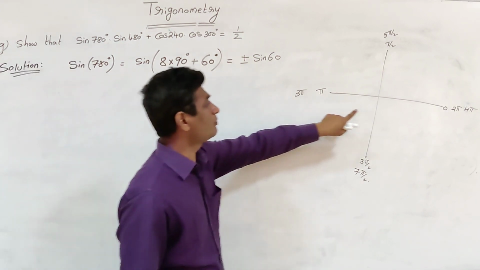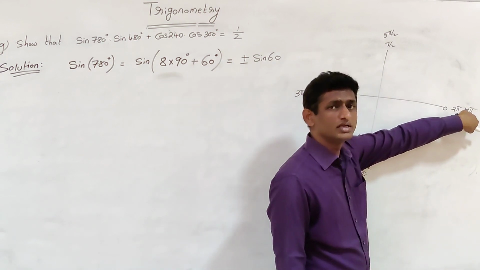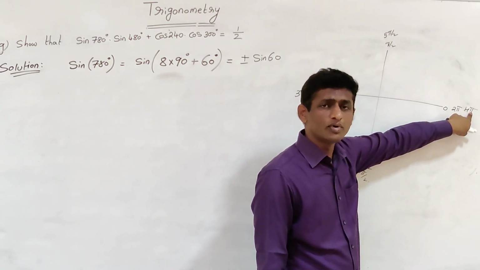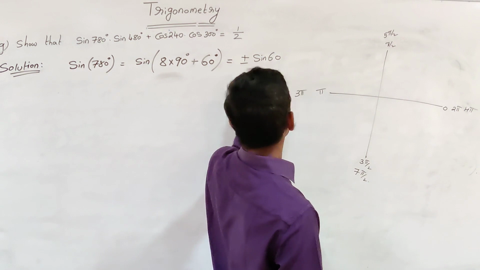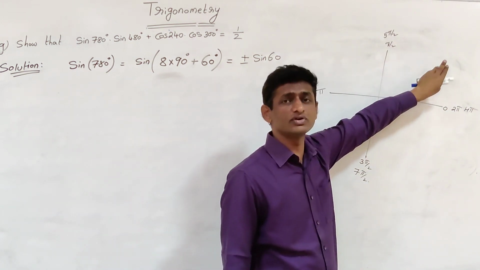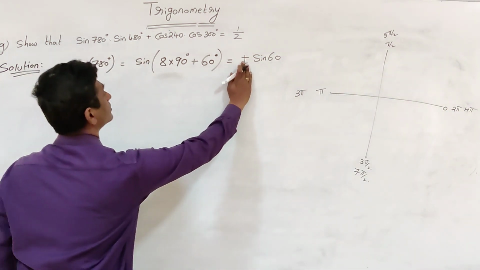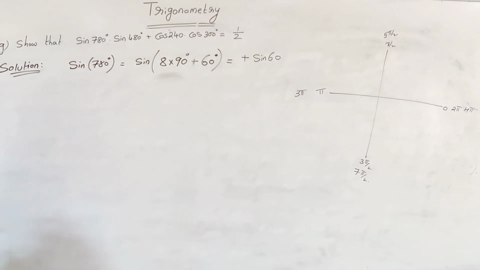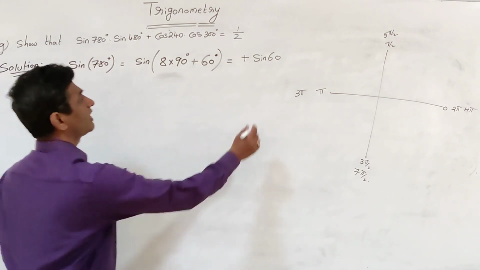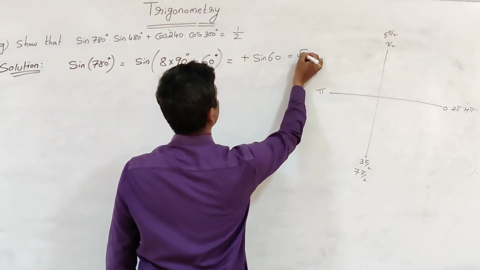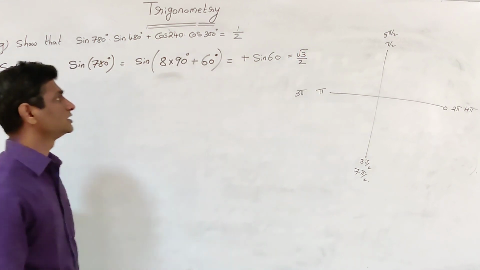So 4 pi is on the positive x-axis, plus 60 means it lies in the first quadrant. So it will have positive sine 60. And the value of sine 60 is root 3 by 2.